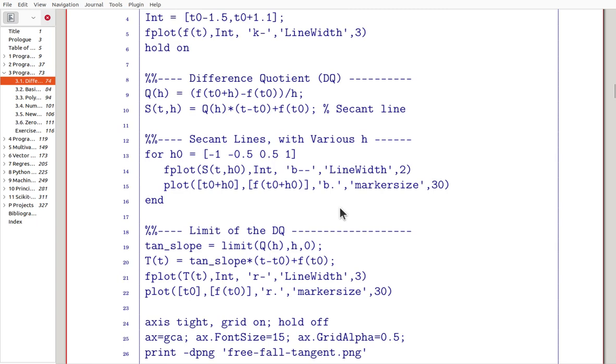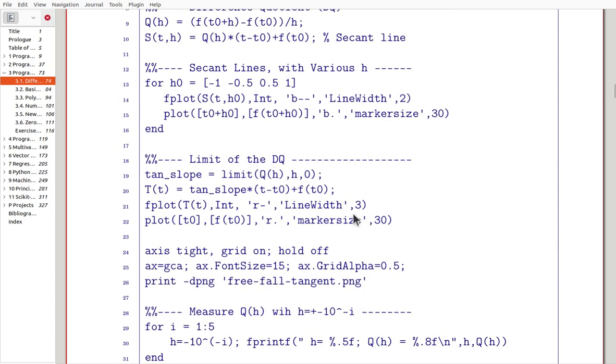We made a plot here, and then we take the limit as h approaches 0. This is a built-in function for the quotient as h approaches 0, so you can have the limit. And again we make the tangent line as a red straight line.